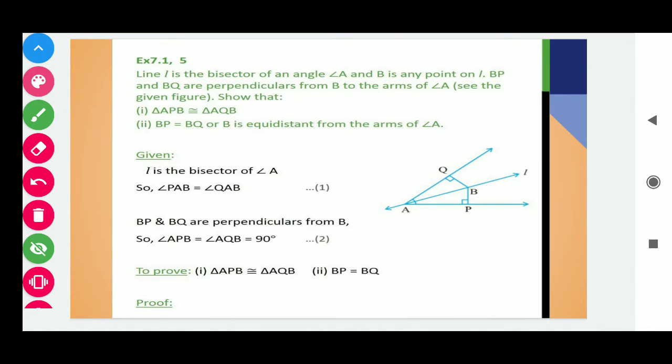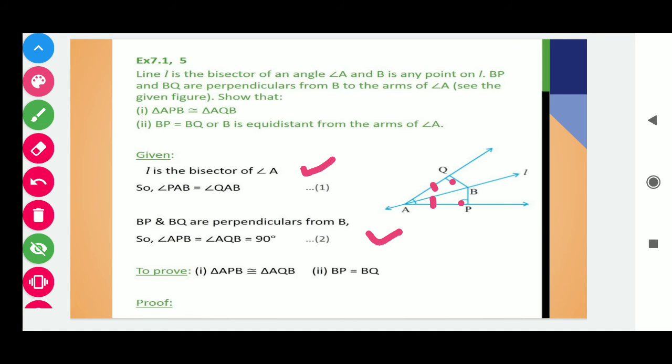Given that L is the bisector of angle A, so in this way angle PAB is equal to angle BAQ, and BP and BQ are perpendiculars from B. So students, angle APB is 90 degrees and angle AQB is also 90 degrees.